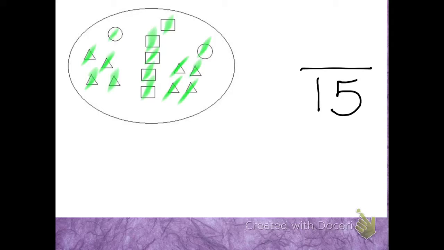I need to see how many shapes there are all together. So I'm just going to count. 1, 2, 3, 4, 5, 6, 7, 8, 9, 10, 11, 12, 13, 14, 15. I have 15 shapes altogether, so my denominator is going to be 15. And now I just have to figure out my numerator.